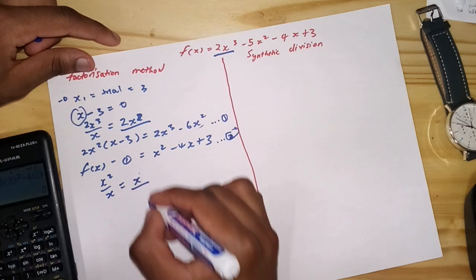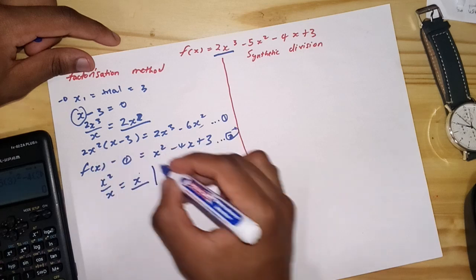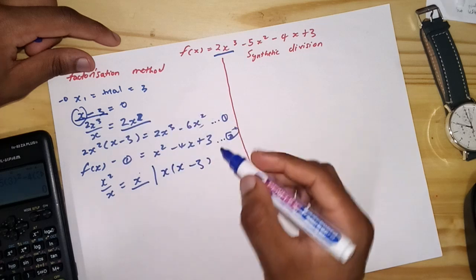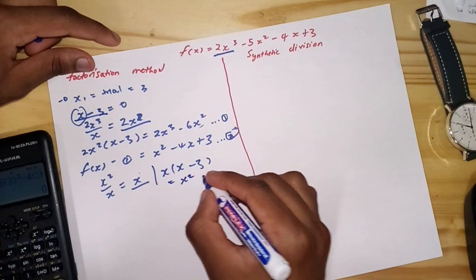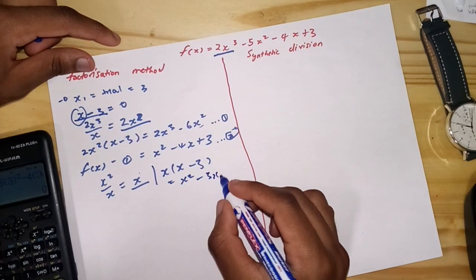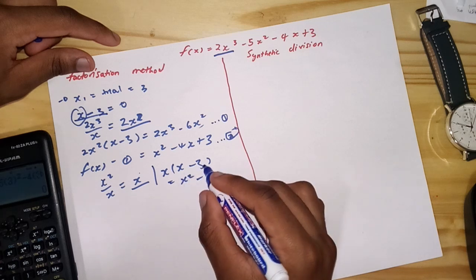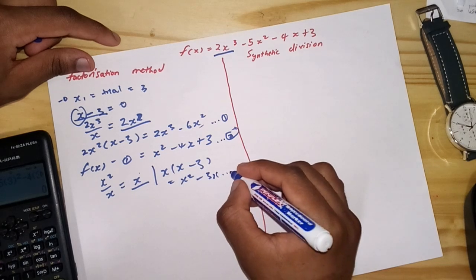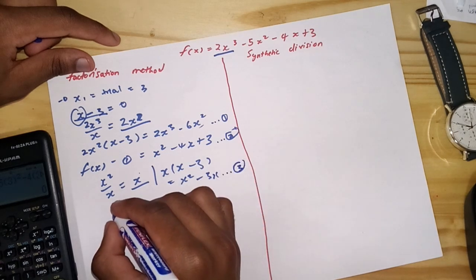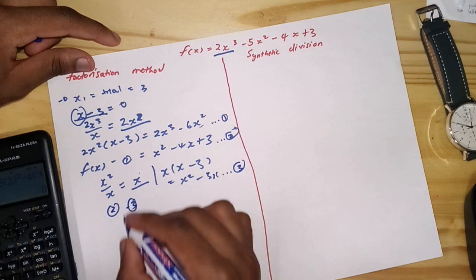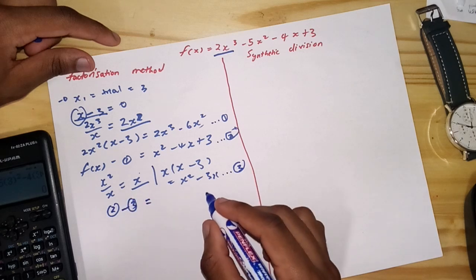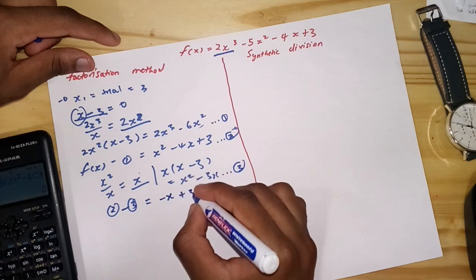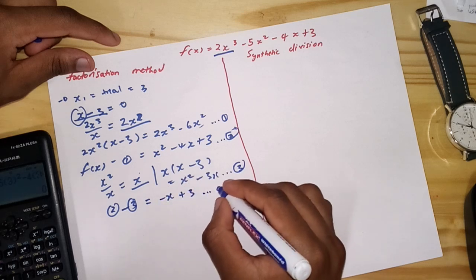After that, you take this value and multiply it with x minus 3, the entire expression, and you get x squared minus 3x. Then you subtract it, the same thing. You can call this equation number 3. So equation 2 minus equation 3 is going to give you minus x plus 3. You can call this equation 4.